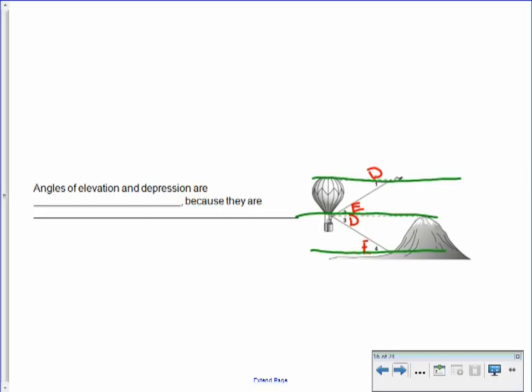And so you have this transversal, that's our hypotenuse of our triangle, which means what is true of 3 and 4? They're the same. Why? What are they called? Those are alternate interior angles. Okay? So angles of elevation and depression are congruent.